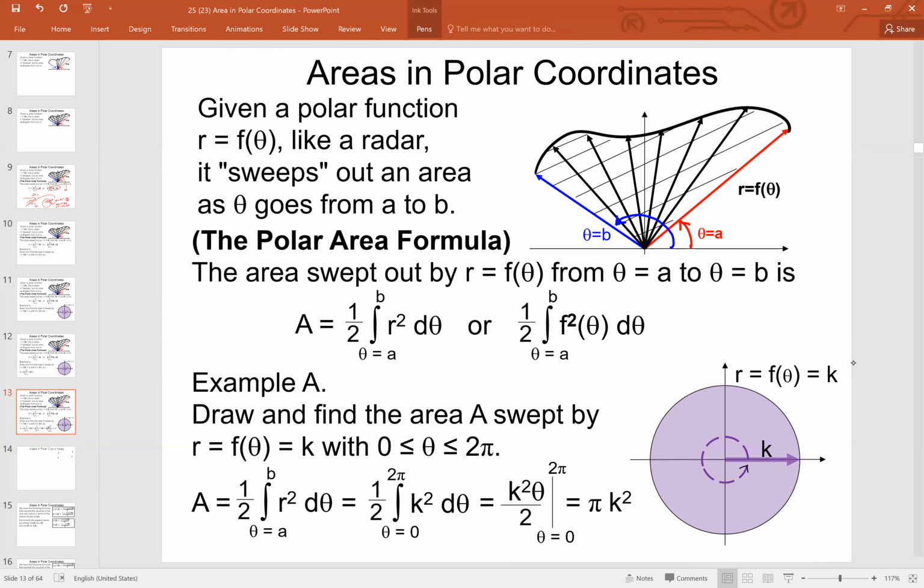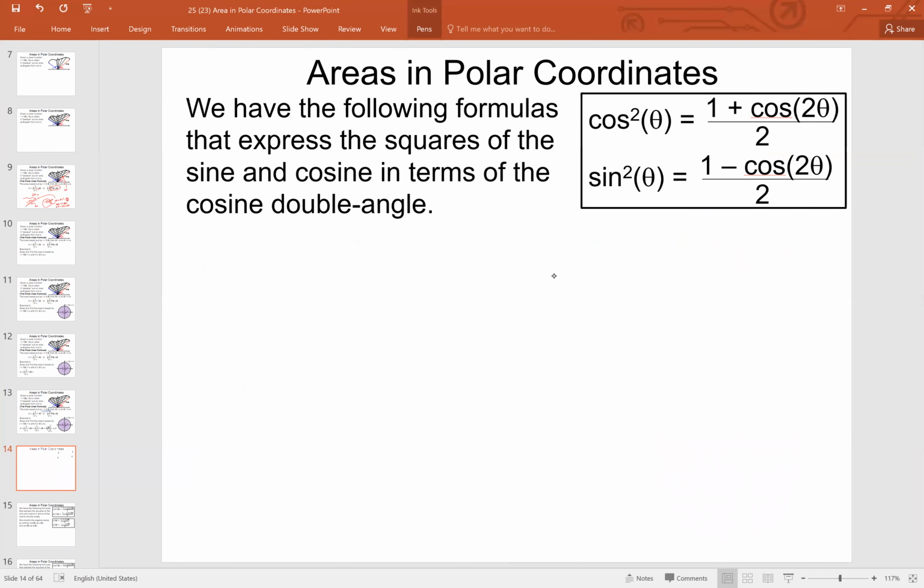Because of the squaring in these formulas, a lot of the time in examples for calculating areas, the function f of theta will have sine theta and cosine theta. So when you square, you wind up with cosine squared and sine squared. Here's a reminder of how we integrate that: we change cosine squared and sine squared in terms of the double angle formula.